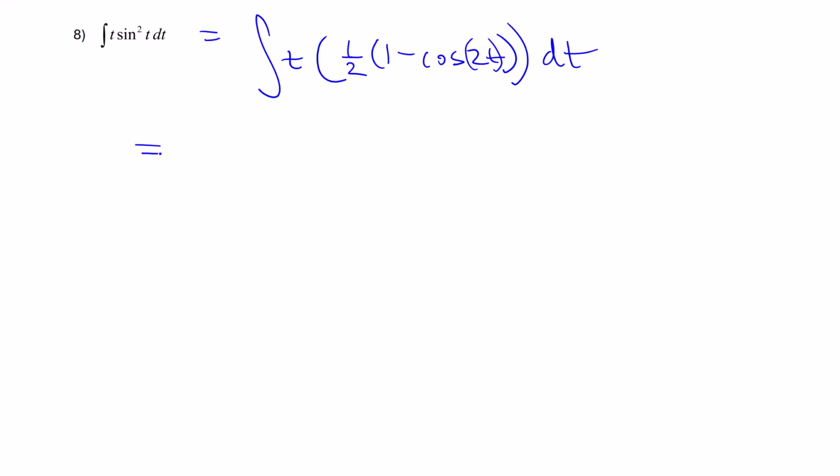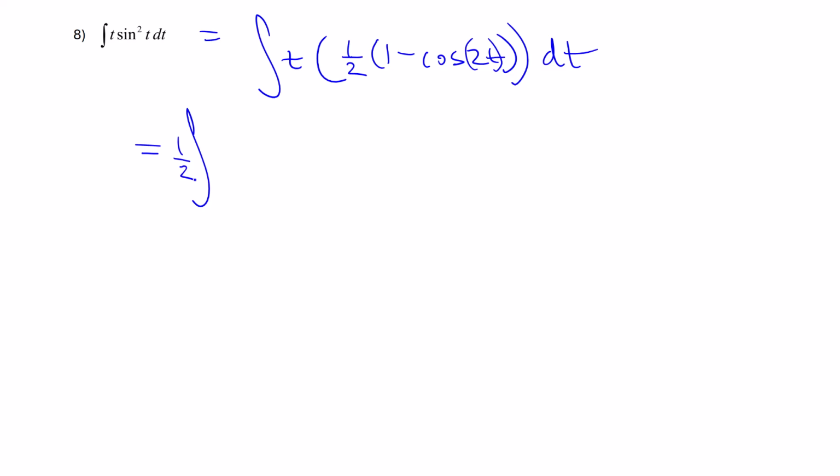So let's continue. This is then the integral of, if you have t times this 1/2, I'm going to put the 1/2 factor out in front of the integral. It's just sometimes nice to put those constant factors out in front.